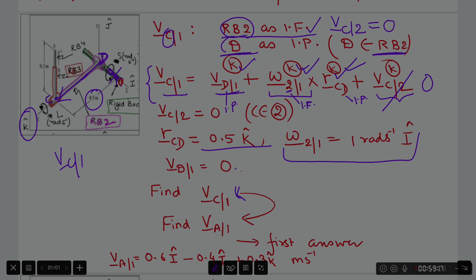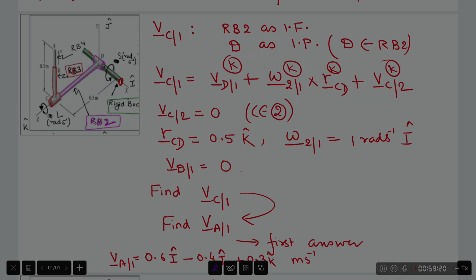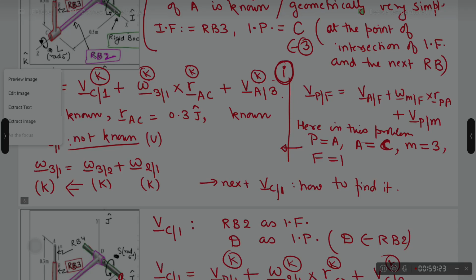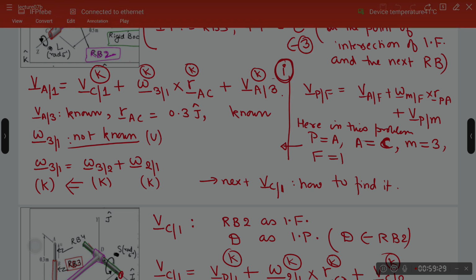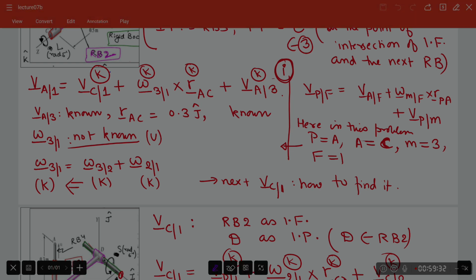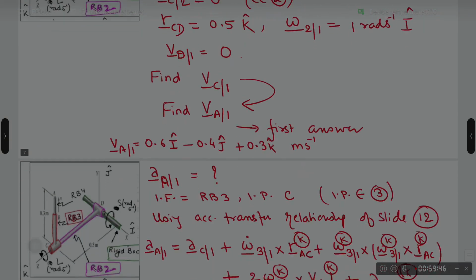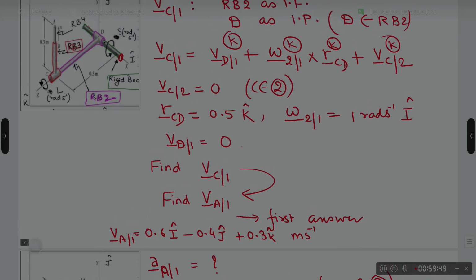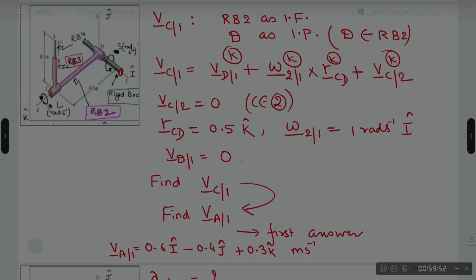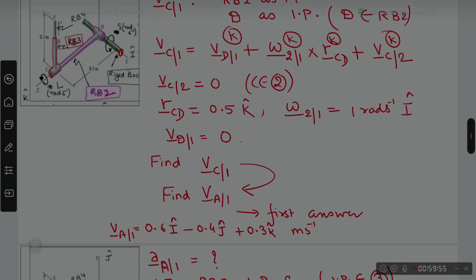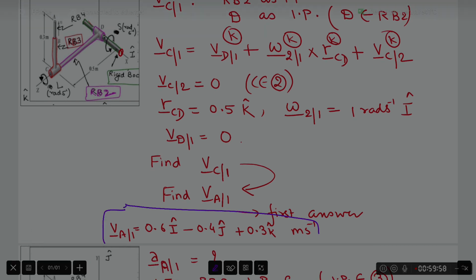And once you find VC1, we go back to the previous slide with VC1 known from the next slide. This becomes known also, and thus we are now in a position to find VA1. And if you put all the numbers, it turns out that VA1 is this much quantity.